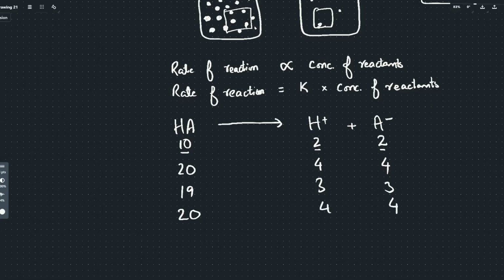So basically there might be some backward reaction, but the rate of forward reaction as well as backward reaction after some time will become equal. So this is why we write it as a reversible reaction, that there is some forward reaction and then there is backward reaction, and these are at equilibrium.